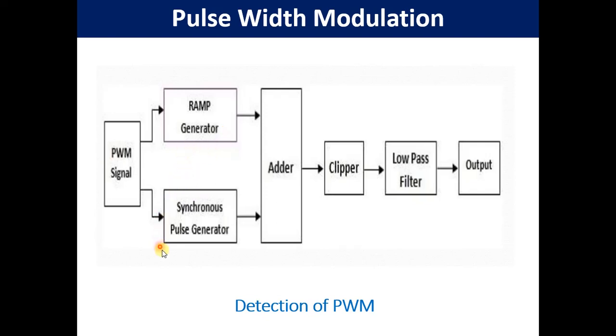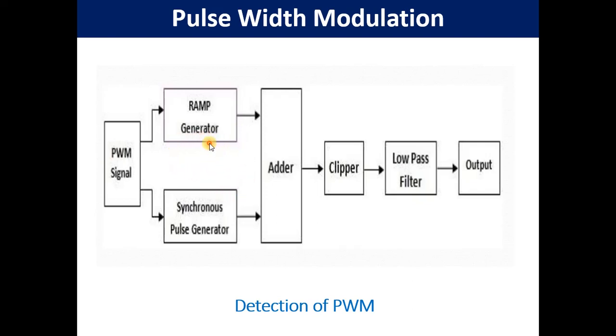The regenerated pulses are synchronized to the leading edges of the regenerated PWM pulses but delayed by a fixed interval. The output of the ramp generator is a constant slope ramp waveform for the duration of the pulse. The height of the ramp is proportional to the width of the PWM pulses.